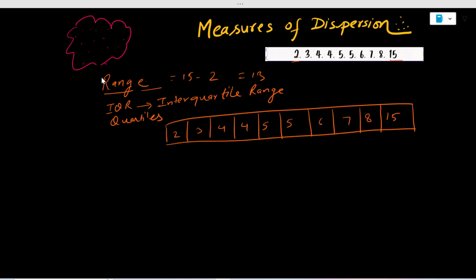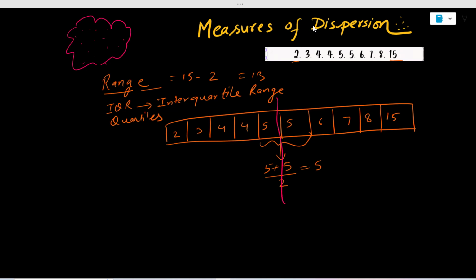To find the IQR and hence the quartiles, we need to arrange the data from lowest to highest order, like in the case of median, and then find the median of that data. As we know from the previous lecture on measures of central tendency, these are even in number, so we have 2 middle values, and we will find the mean of these 2 middle values in order to find the median.